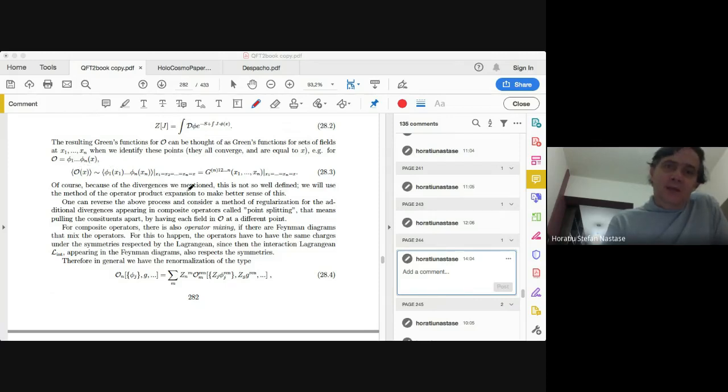Even if there's one x, it's not well defined. There's this divergence in here. To make better sense of this, we'll use renormalization, that is described next, and the operator product expansion.